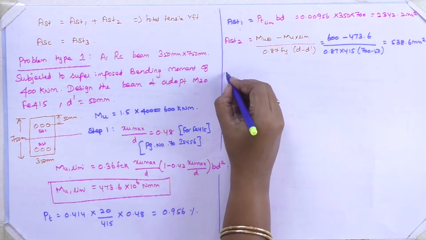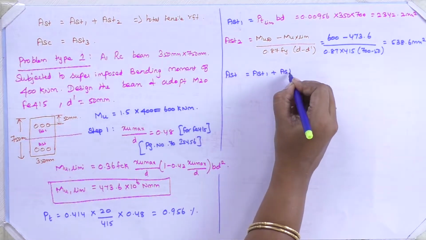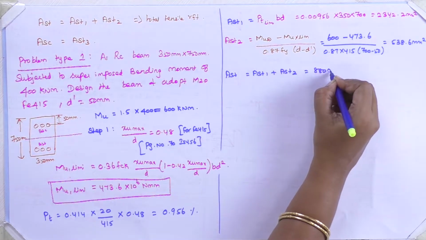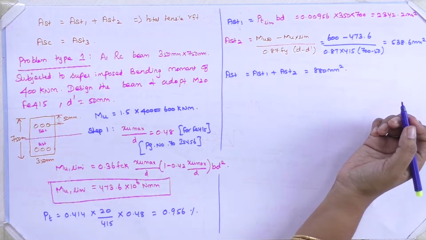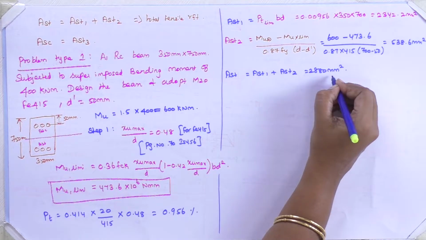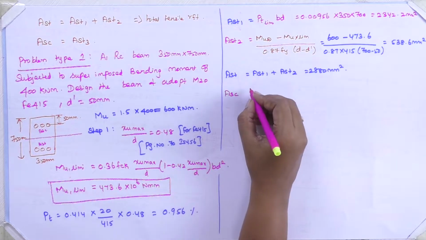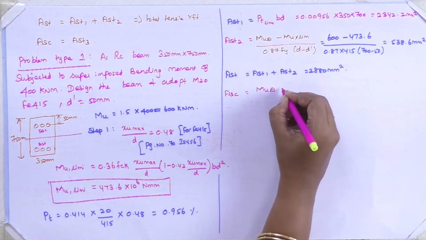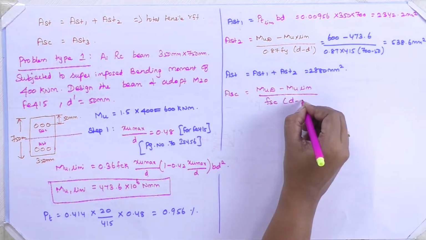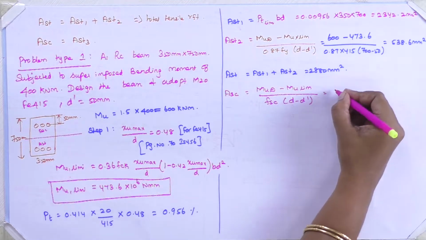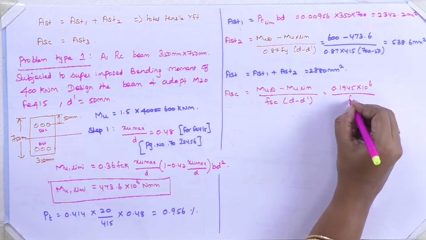So I can add these two. Ast is equal to Ast1 plus Ast2, that is equal to 2880 mm square. Now I can calculate the compression steel Asc. I know the formula: Mu minus Mu limit divided by fsc into d minus d dash. I can get around 0.1945 into 10 power 6 divided by fsc.